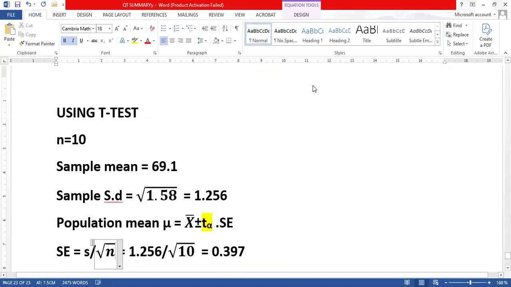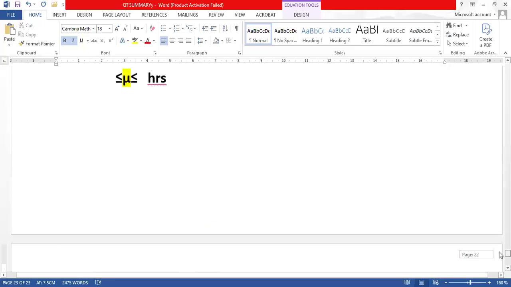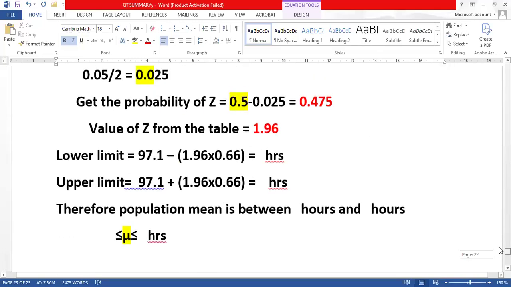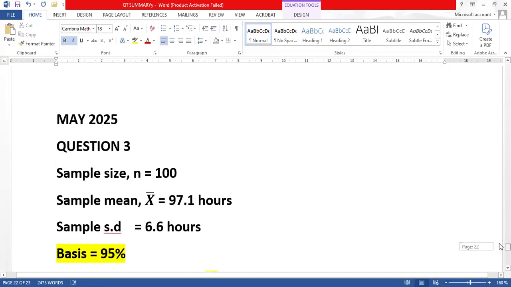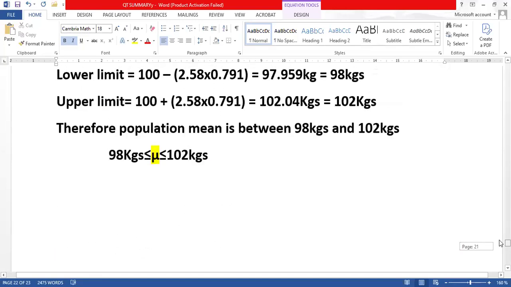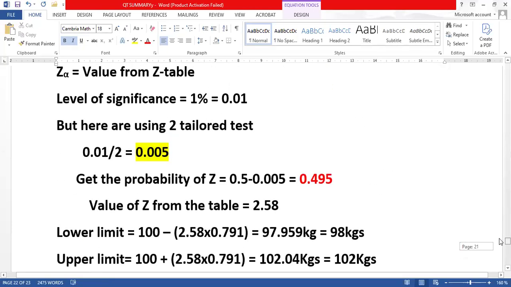When is the one-tailed test used? The one-tailed test will apply when we are testing, not when we are estimating. When we are testing, we use a one-tailed test in some scenarios, especially when the examiner has specified the side, like less than or greater than.